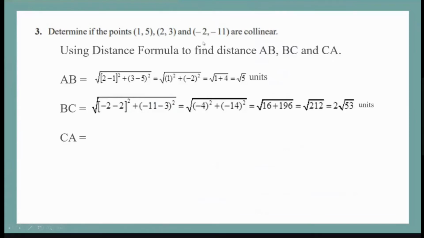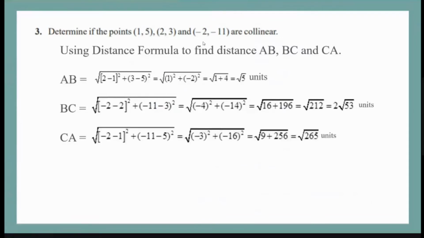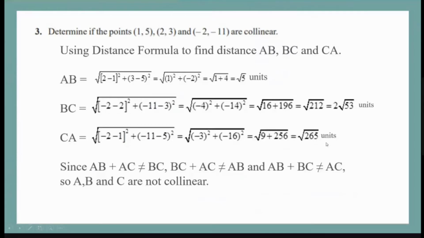I can find out both of them. CA is equal to (−2 − 1) whole square plus (−11 − 5) whole square, which simplifies to square root of 265 units. Now I just find out the value of all of them, and I see that the sum of the 2 smaller ones, root 5 plus root 212, is not equal to the square root of 265. Hence, the points are not collinear.